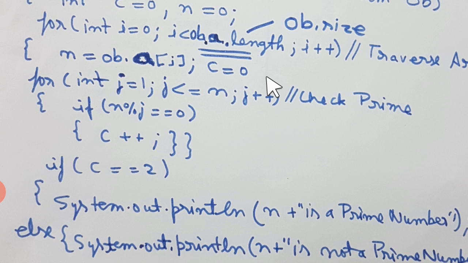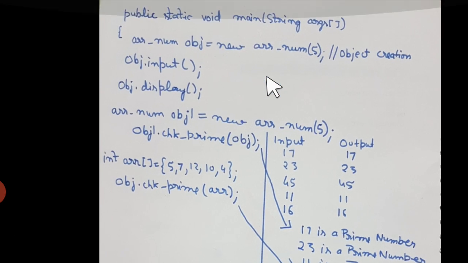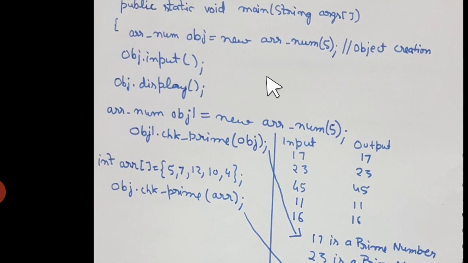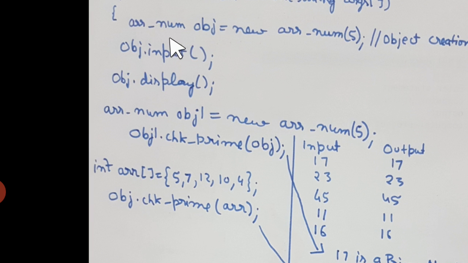After that we have got the main function where we'll invoke different functions using the object. First we create the object: arr_num obj = new arr_num, and size I have passed as 5, so a 5-size array will be created. After that I input the data, so obj.input, data will be entered into the array, then obj.display, so data will be displayed here.